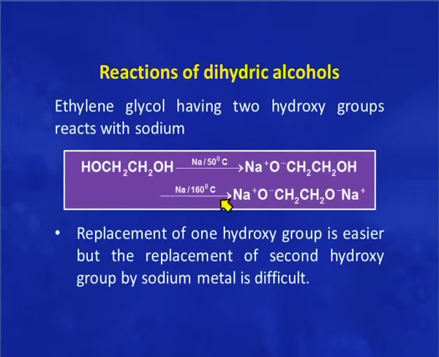The reason behind it is the presence of this alkoxy group. This alkoxy group increases the electron density on the adjacent carbon, thereby making the carbon oxygen bond stronger and the removal of this hydroxy group difficult.